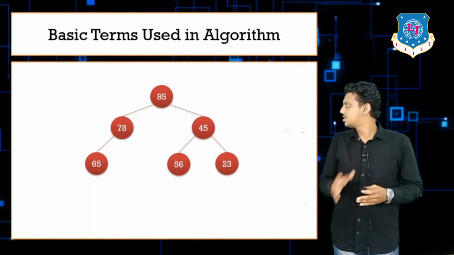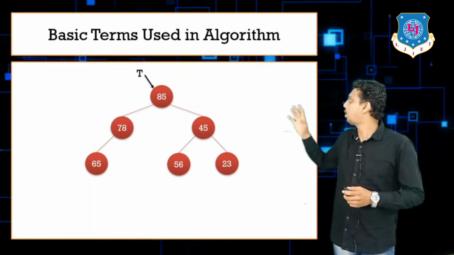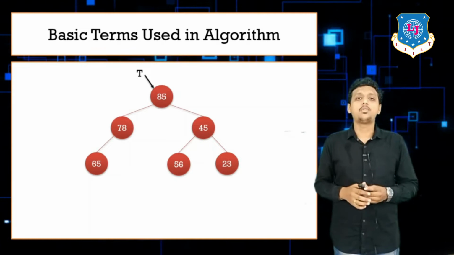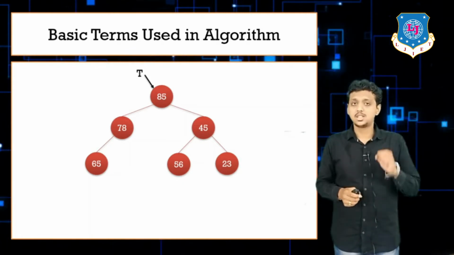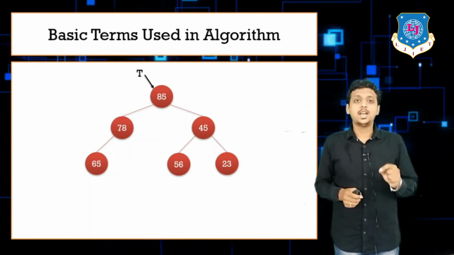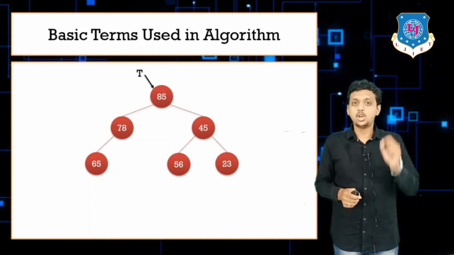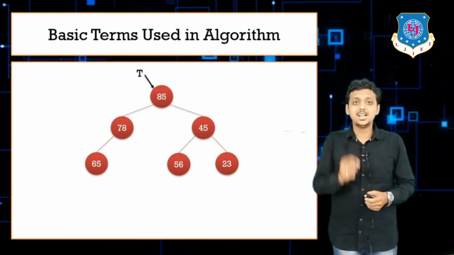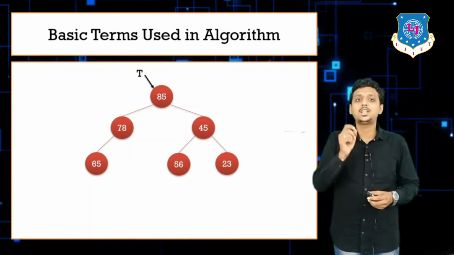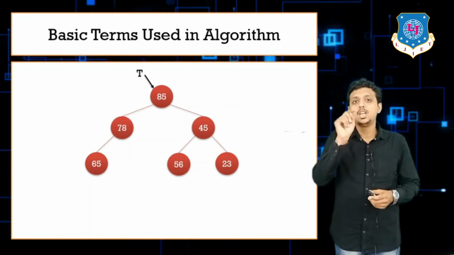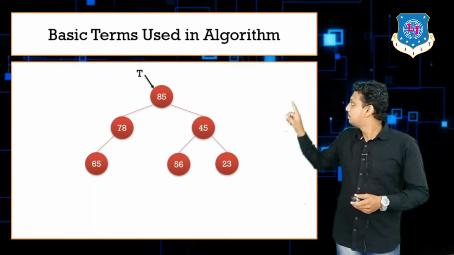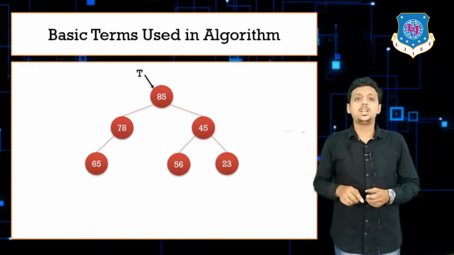So just imagine a situation where we have a T pointer which is always used to point to the root node of a tree. Students, remember that any operation on a tree begins from the root node. That's why I am going to assign a T pointer on node 85. So here T is a pointer which is pointing to node 85.